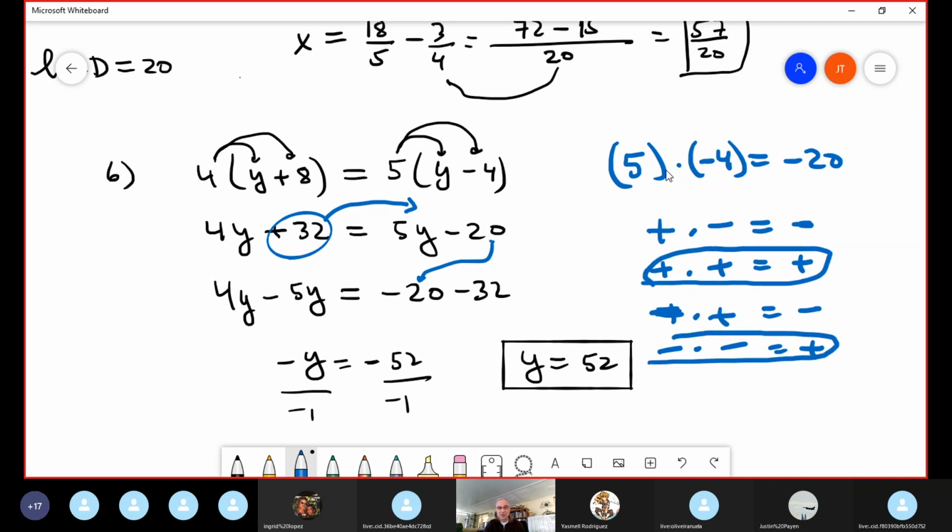Si es different, es negative. Oh, okay. So in this case, it's negative 20. Absolutely. Okay. Remember, I know it's confusing. The rule of the sign in multiplication and division is the same, and addition and subtraction, no. Okay? Got it.